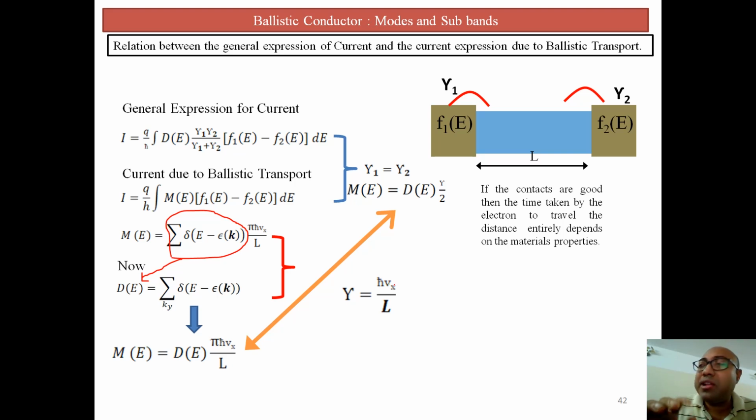That is actually the dimension, and the dimension is correct. Why? Vx is velocity, velocity by distance: s is equal to Vt, so Vx by L is 1 by t.